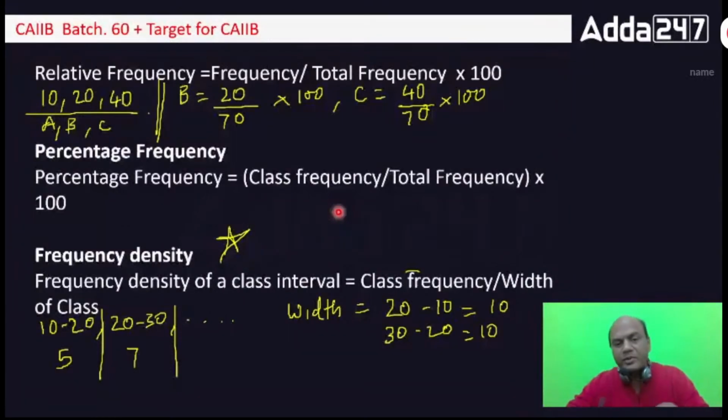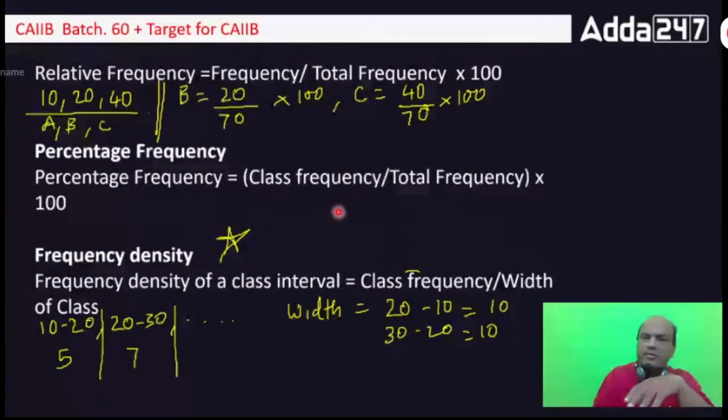Now, everyone, what is the frequency density of 10 to 20? Don't multiply by 100. I want it in point only.